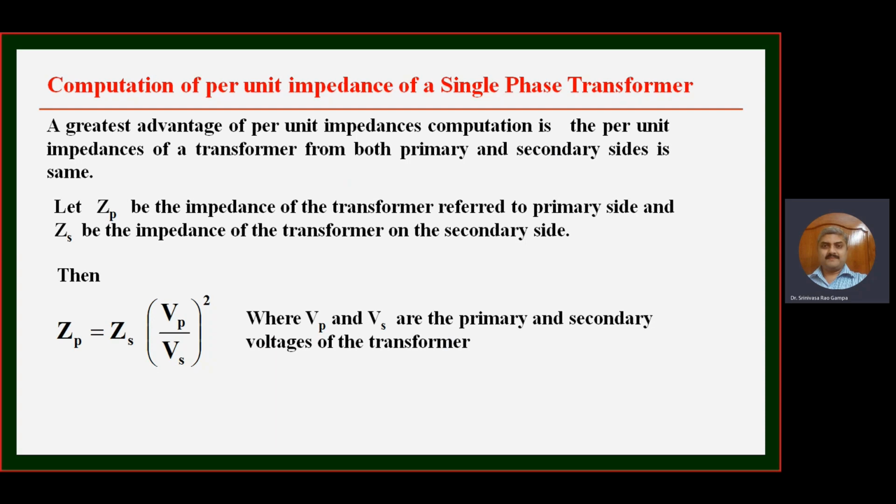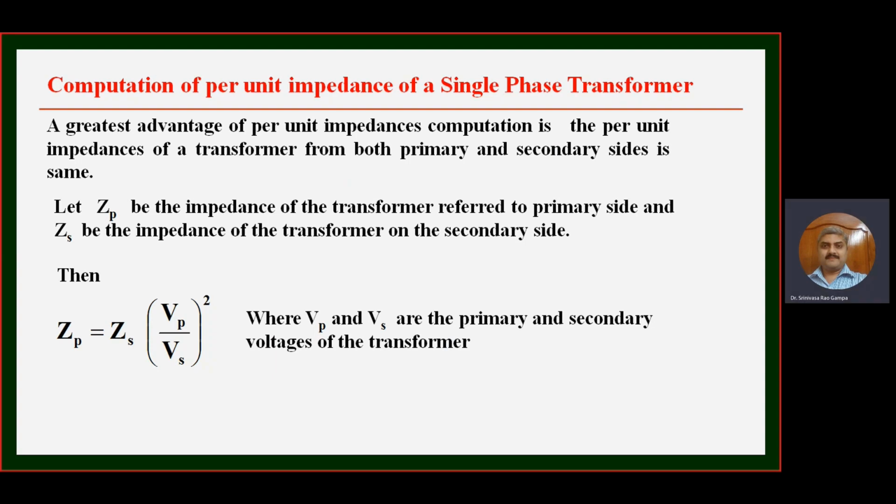But in this case, we need not do that. The per unit impedance, whether you calculate from the primary side or secondary side, is the same. So the entire circuit need not be brought to either one side for simplification. That is the greatest advantage of a per unit system, especially in the case of a single phase transformer.